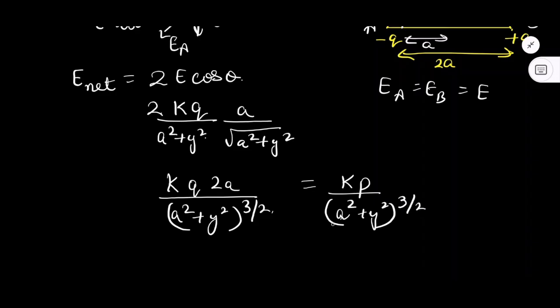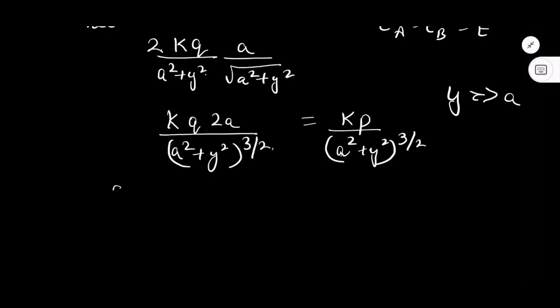Again we can use the approximation that y is much greater than a, so we'll have the electric field at the equatorial position as kp upon y cube, as we'll neglect this a.